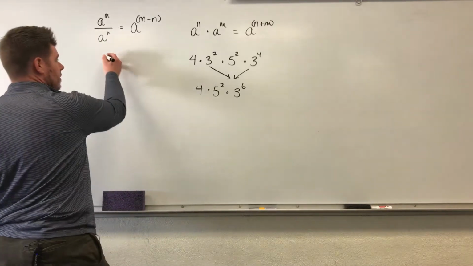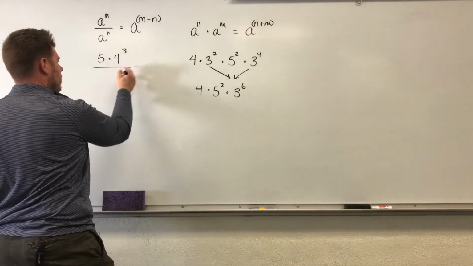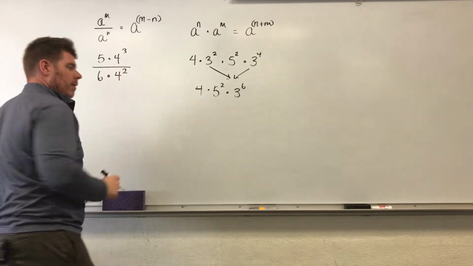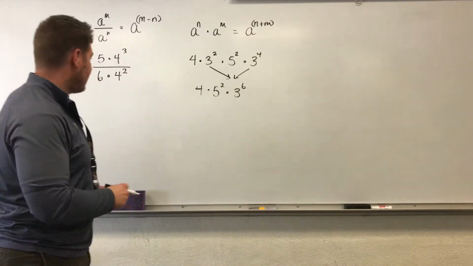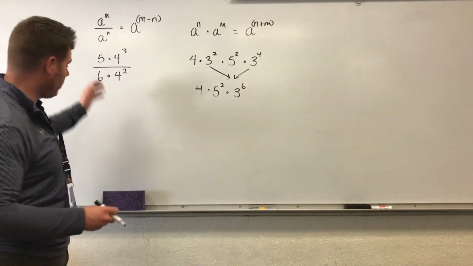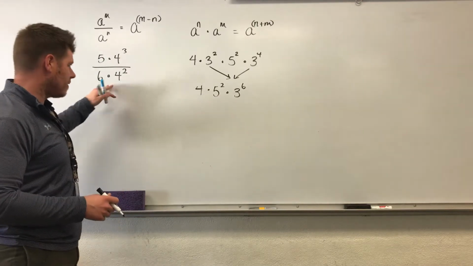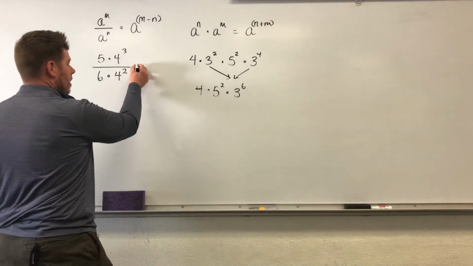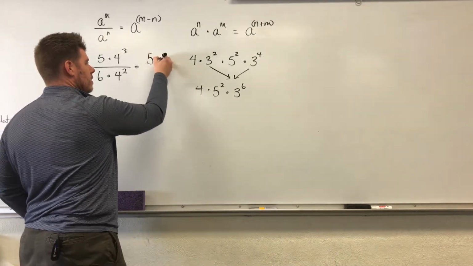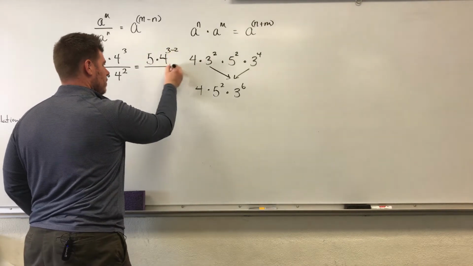Say I have some numbers like 5 times 4 to the 3rd divided by 6 times 4 to the 2nd power. Before I do my division, before I actually do 5 times 4 to the 3rd and 6 times 4 squared, I can make my life simpler by doing 5 times 4 to the 3 minus 2, divided by 6.